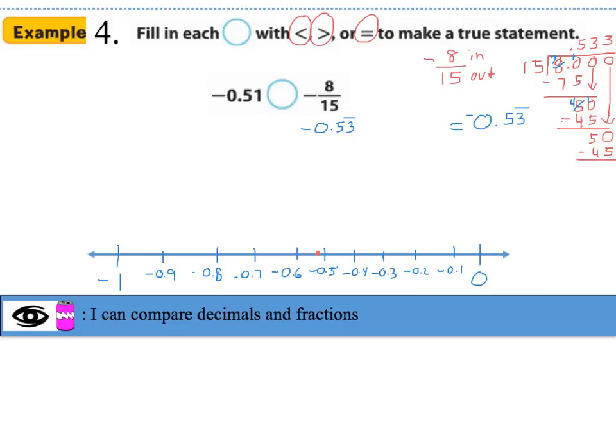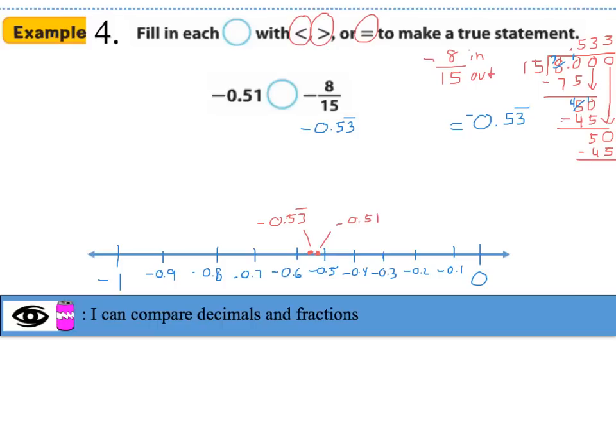negative 53 hundredths repeating, I know that would go a little further left because it's negative 53 cents. So that first dot would be negative 0.51, and our second dot would be negative 0.53 repeating.